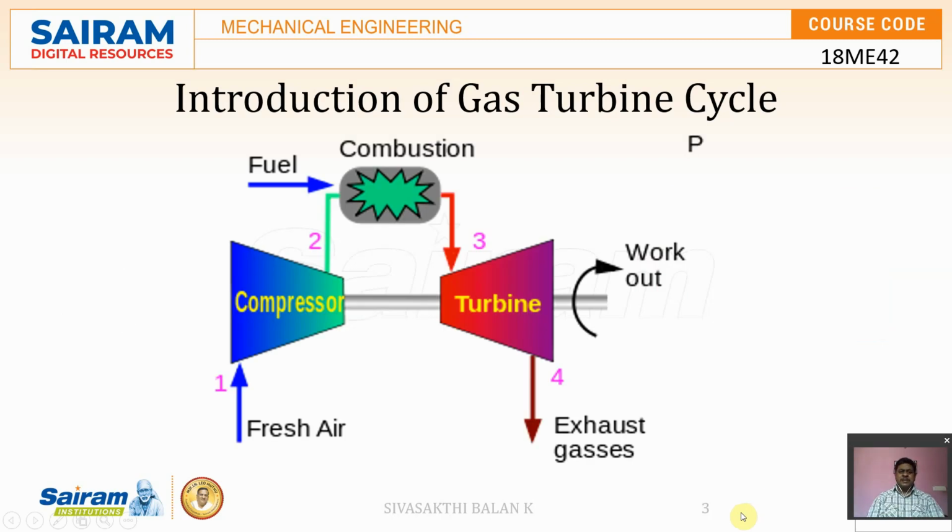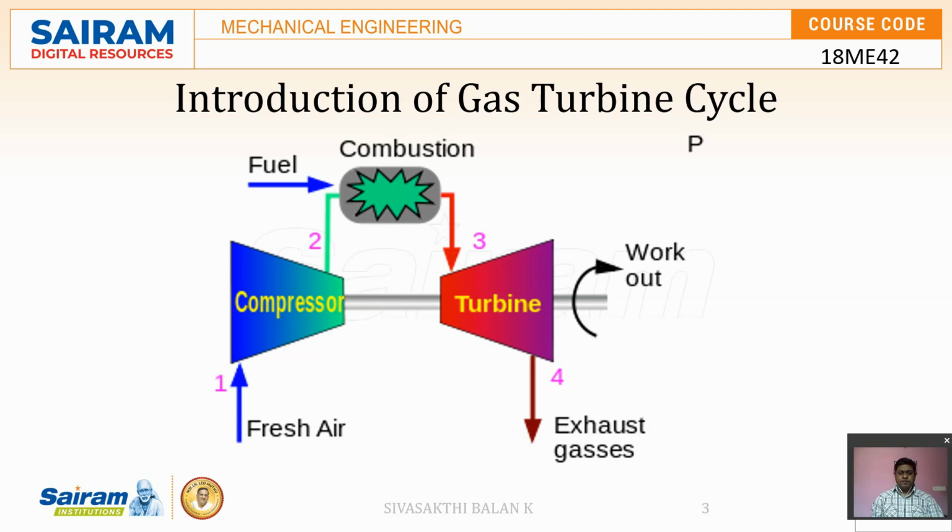This is the schematic representation of the basic open loop gas turbine cycle, the ideal Brayton cycle. There are three components here: the first is the compressor, then the combustion chamber, and the turbine. Compression takes place, then the combustion process where heat addition takes place, and then turbine expansion.